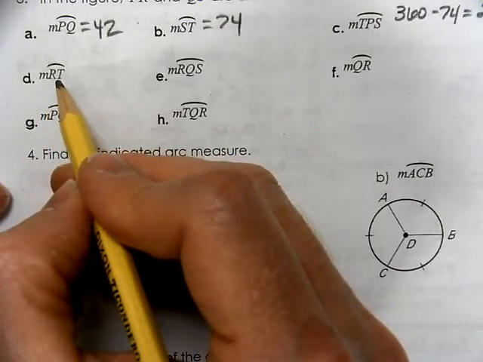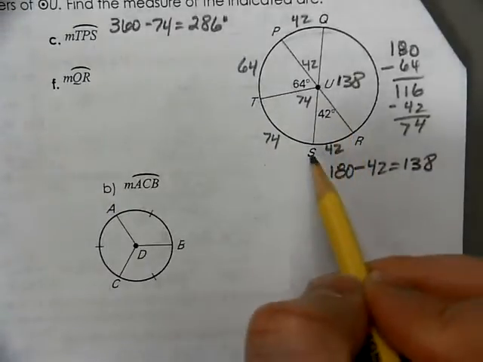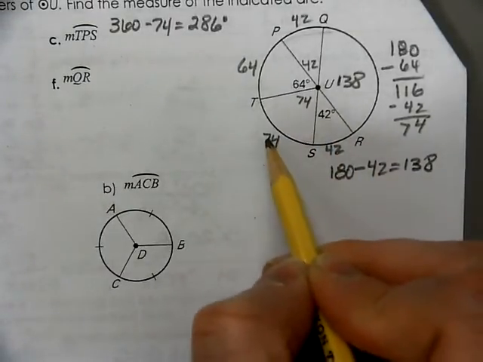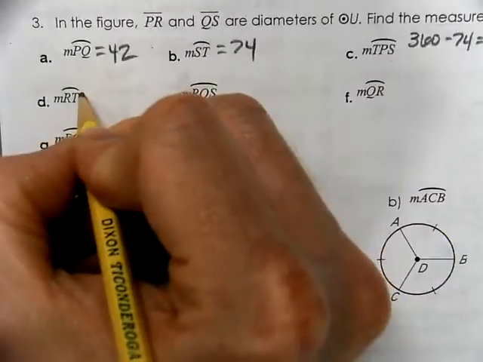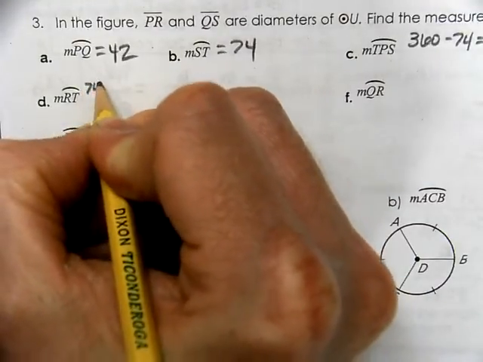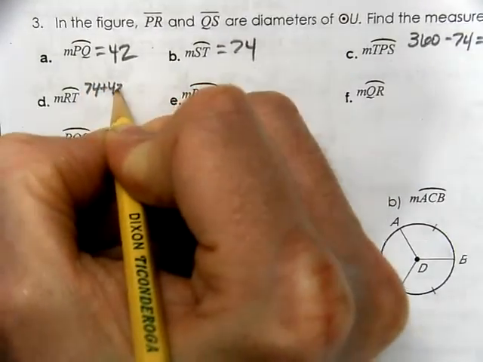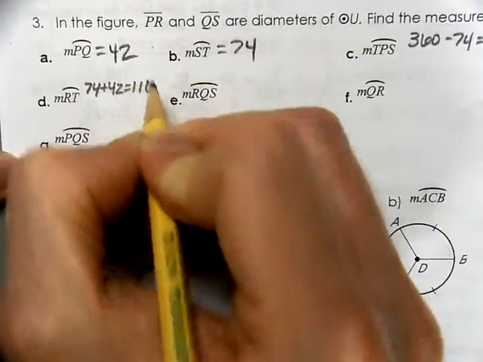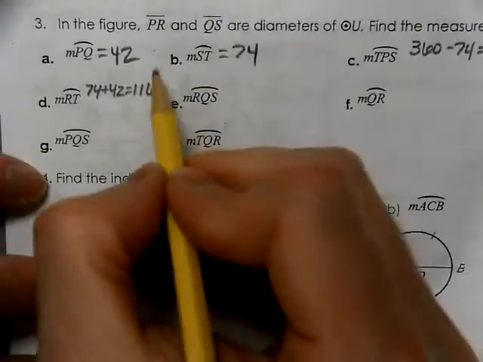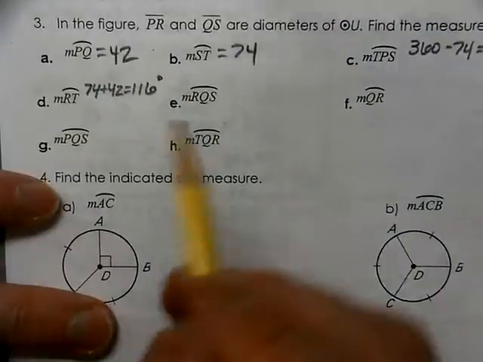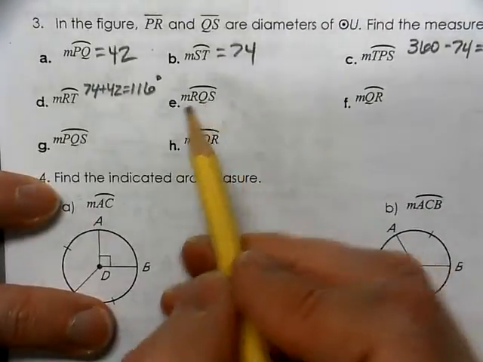The measurement of RT. R to T is 74 and 42. That's 116. RQS.